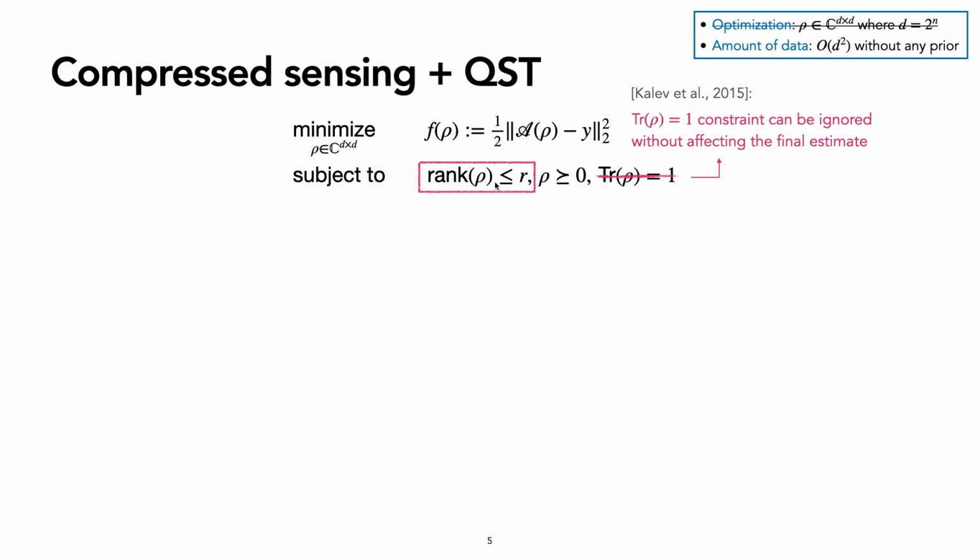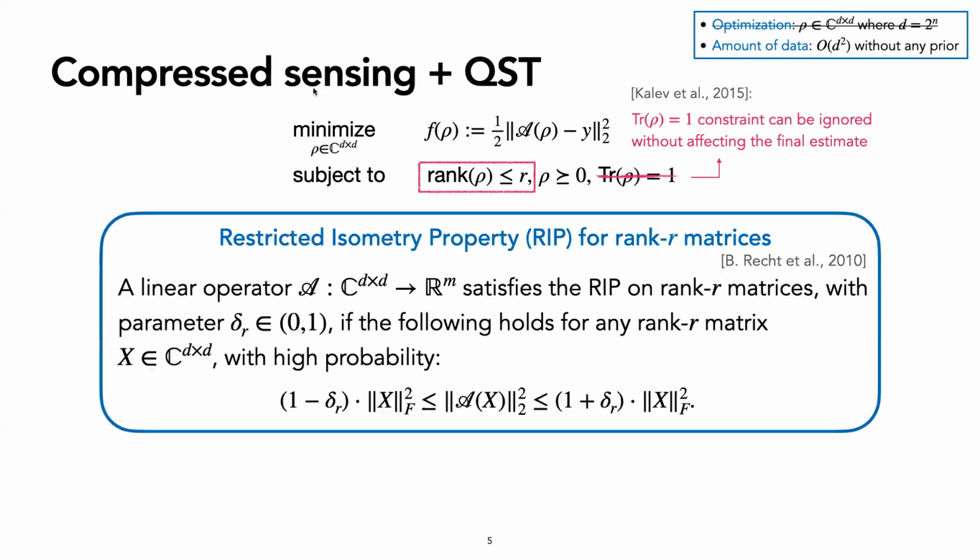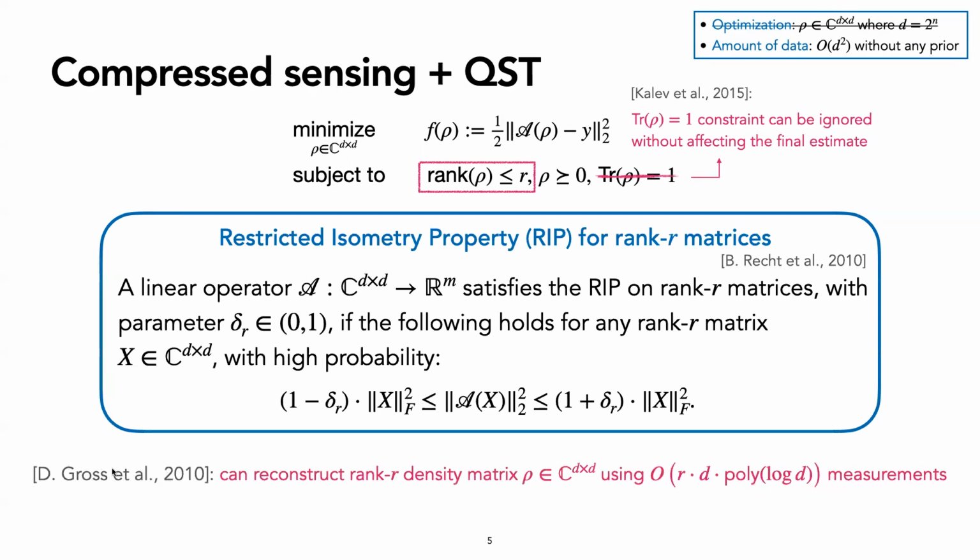Having this low rank constraint gives us the ability to apply something called compressed sensing, which pivotally relies on the restricted isometry property, a property of the sensing matrix. The previous literature by David Gross proved that one can reconstruct a rank r density matrix rho using r times d times polylog d measurements.